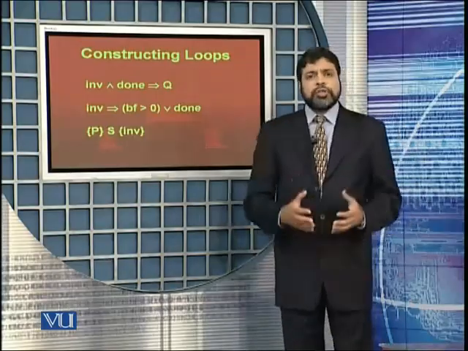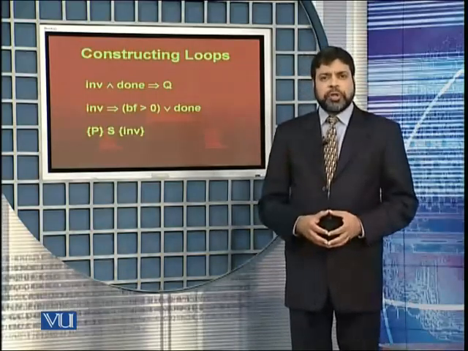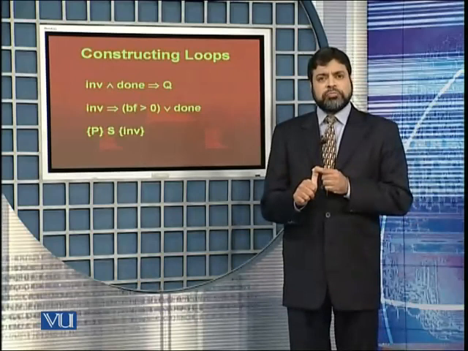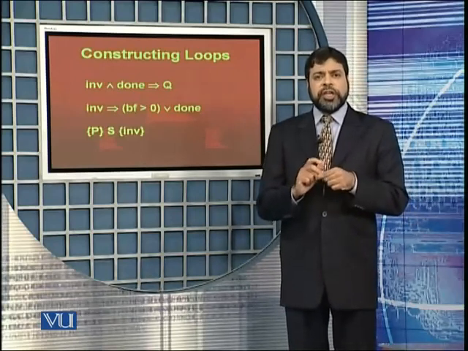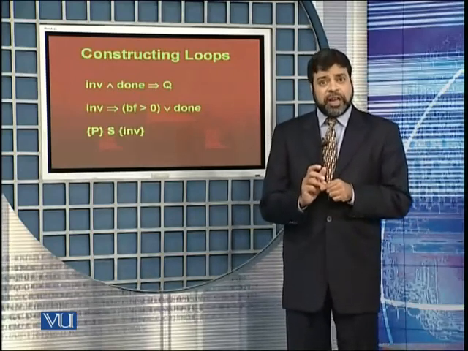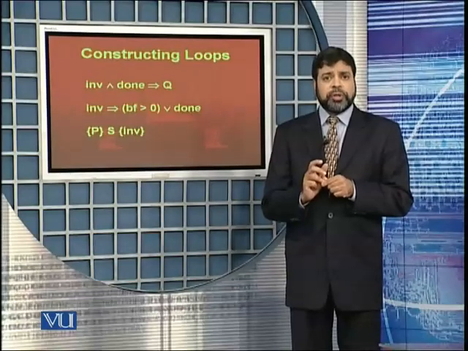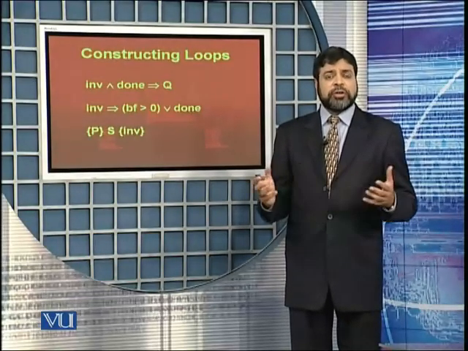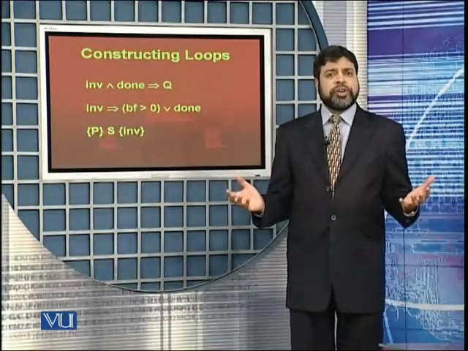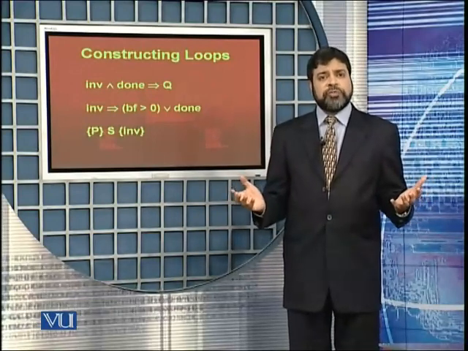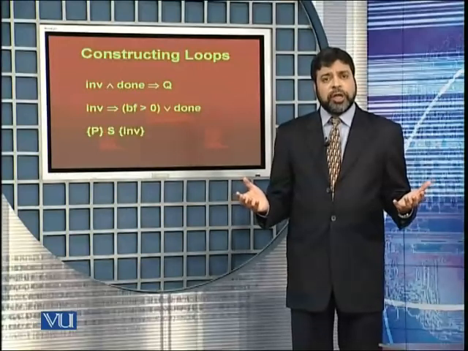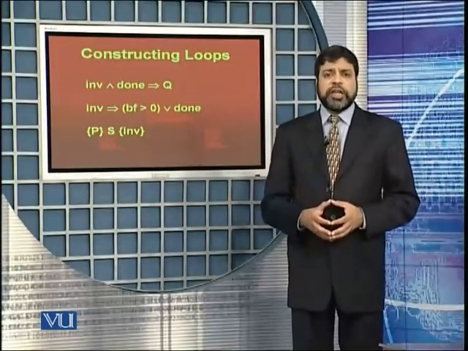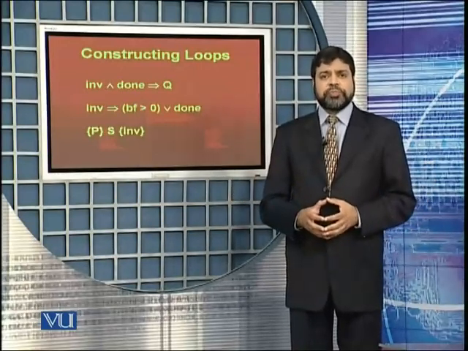As you can see, the bound function, the invariant, the initialization statement, and the done variable are all related through different kinds of implications. Okay, so we discussed that in the last lecture also.